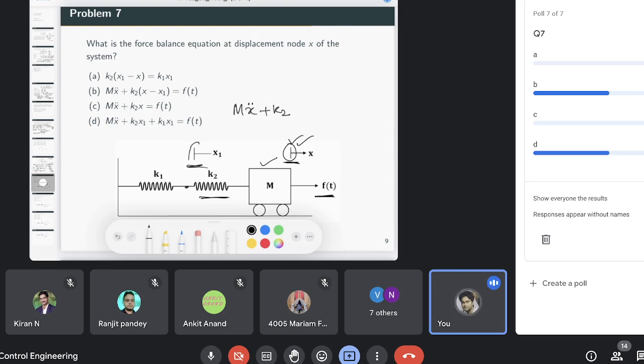But here this displacement is what you can see, it is this x minus x1, like at this point the relative displacement. So you can write it, it will be just equal to this applied force, or you just take this minus sign here, then this total summation of all forces will be 0. That's all, this equation.